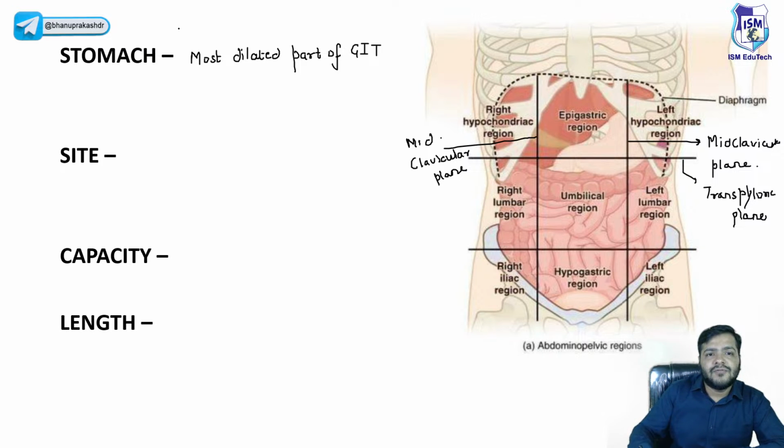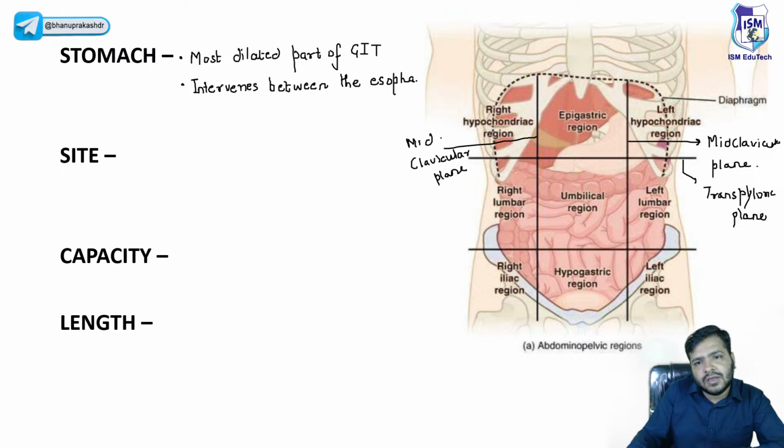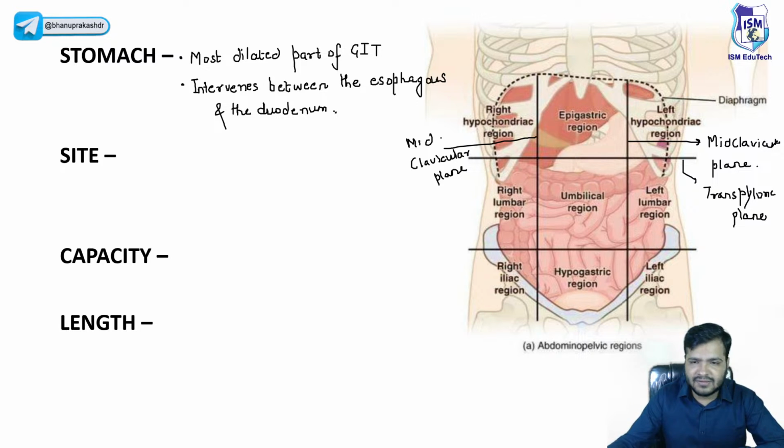The second point that you have to remember, beta, is that it intervenes between the esophagus and the duodenum.